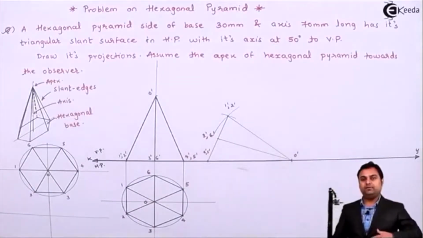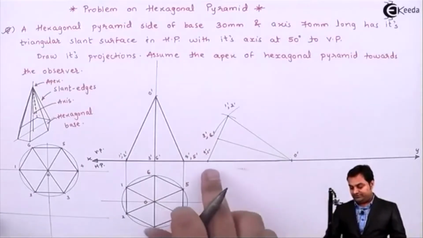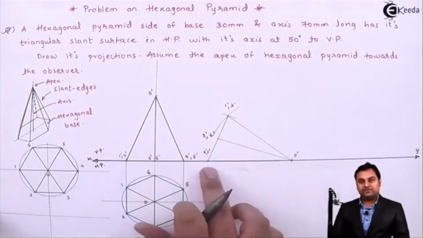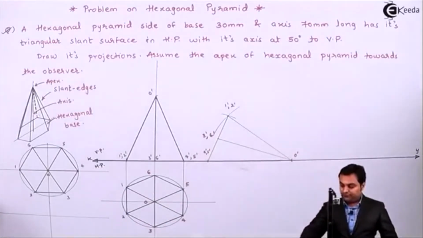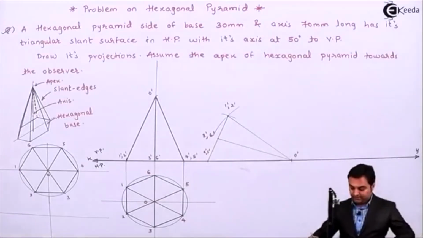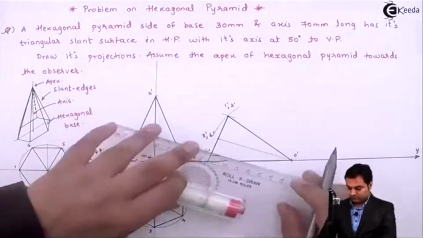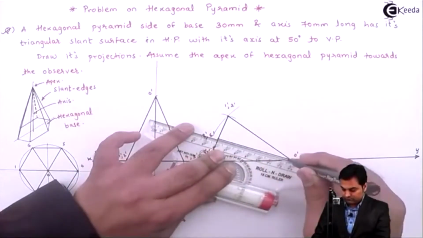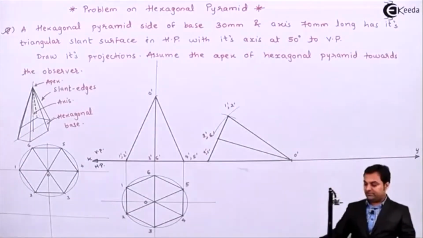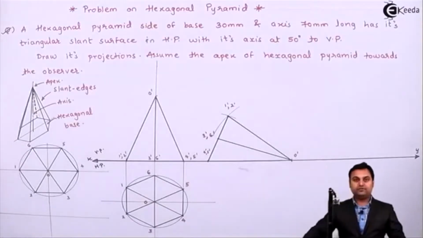Now this is the pyramid which is tilted on its triangular face O dash 4 dash 5 dash, and here is the front view for it. I'll make it dark. So now this is the tilted pyramid, and here is the front view.